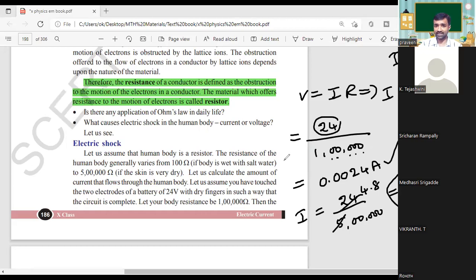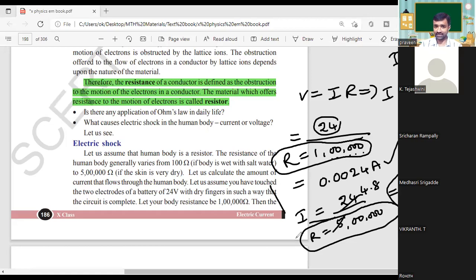Once I took R equal to 1 lakh. Then I took R equal to 5 lakh. So resistance increased, then what happened to the current? Is it decreased or increased? Just answer me. With increase in resistance, did the current value decrease or increase?